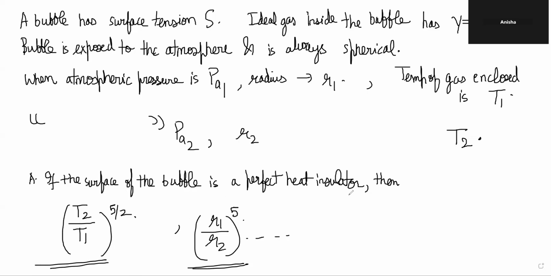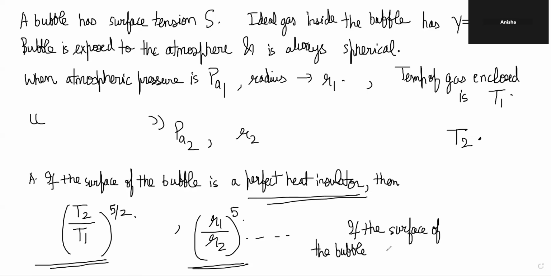When the surface of the bubble is a perfect heat insulator, and the other case is if the surface of the bubble is a perfect heat conductor. These are the two separate cases.